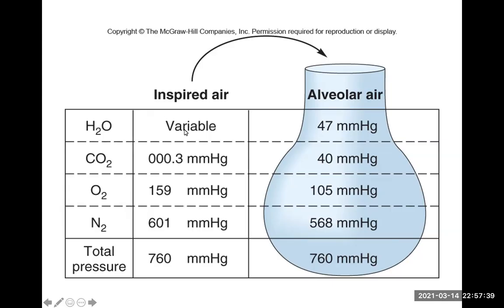So variable just means that we don't know what environment you're in. CO2, O2, N2, and then total pressure. So this is air going in the alveoli. Now the air in terms of water is going to be 47, CO2 is 40, O2 is 105, and then N2 is 568. Still gives you the same total partial pressure.